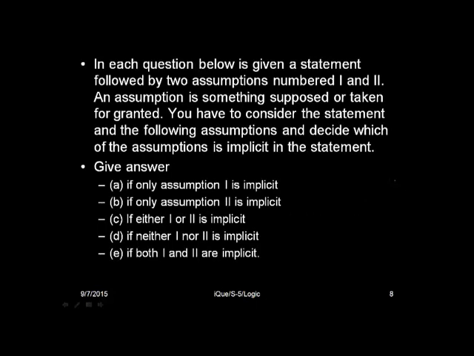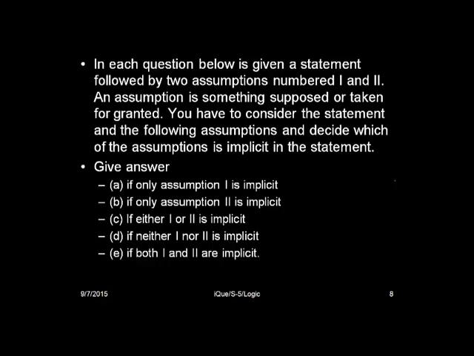Now, let me quickly take you through a set of examples to understand how to go about such questions in the examination. The instructions for each of these questions are pretty much the same: in each question below is given a statement followed by two assumptions numbered 1 and 2. An assumption is something which is supposed or taken for granted.